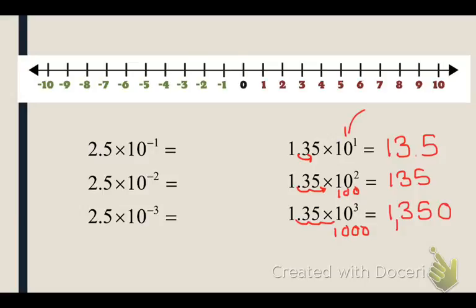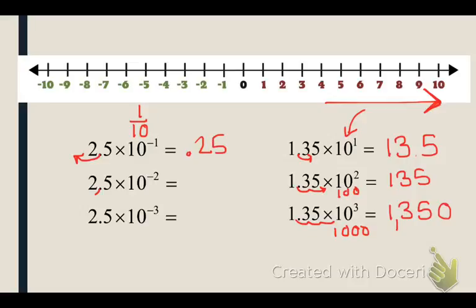So multiplying by a positive power of 10 moves it in the positive direction on the number line. Multiplying by a negative exponent, well, we just learned that negative exponents are actually fractions. So if I do 2.5 times 1/10, I'm actually dividing by a power of 10, so it's getting smaller. I end up shifting the decimal point in the negative direction on the number line. It becomes 0.25.